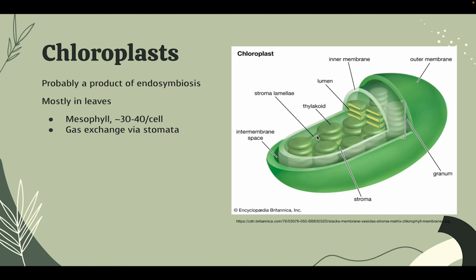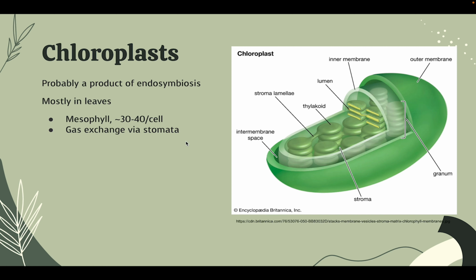The chloroplasts are mostly located in leaves, especially in mesophyll cells, where there can be 30 to 40 per cell, and it's important that they get the resources they need for photosynthesis, so they get this via gas exchange via the stomata.